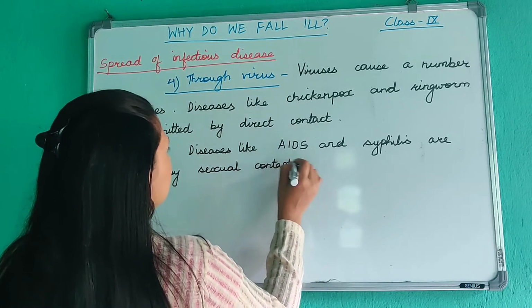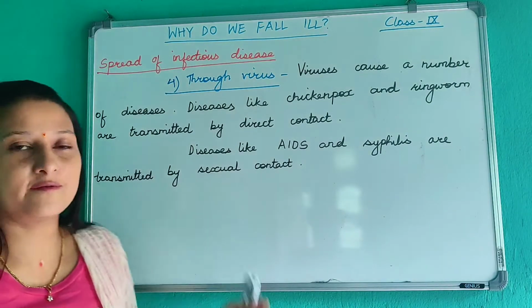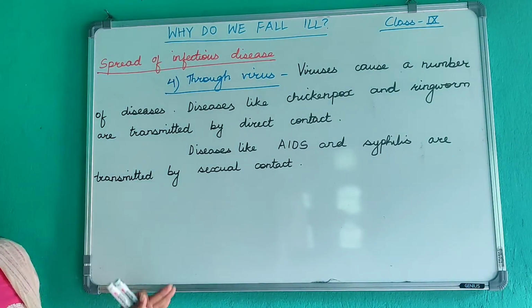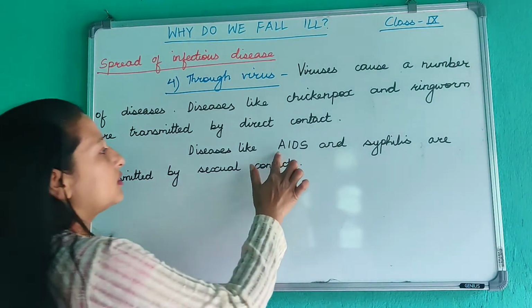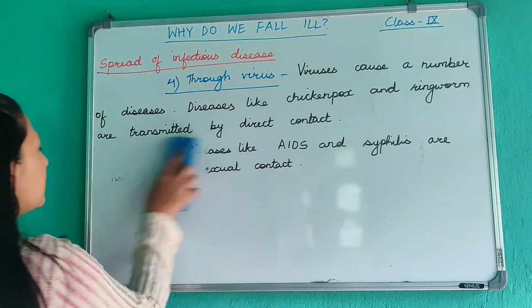Okay, so these are the agents through which infectious disease spreads. So now let us study an important disease, that is AIDS.